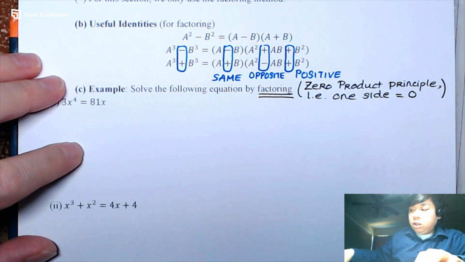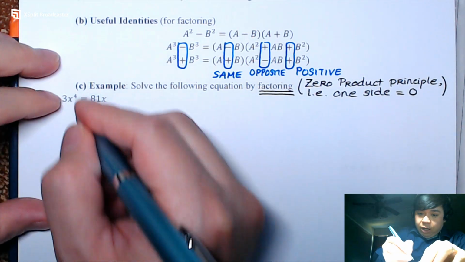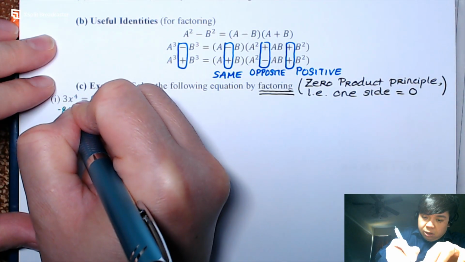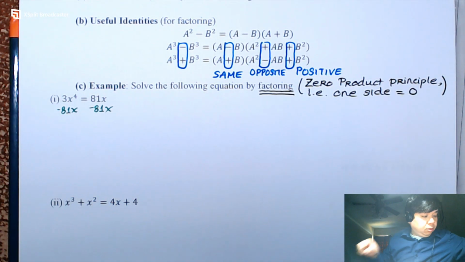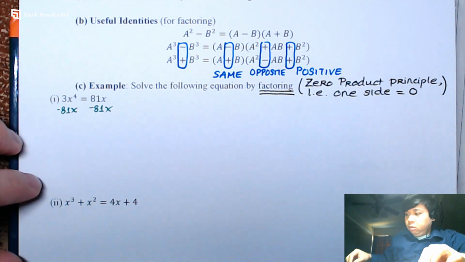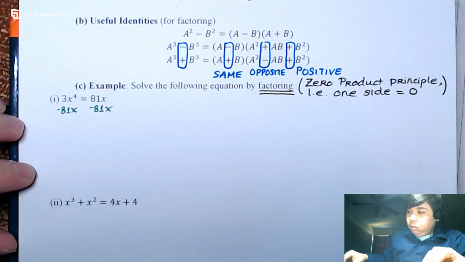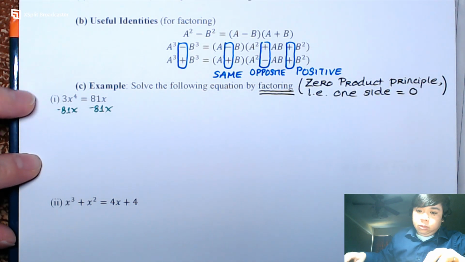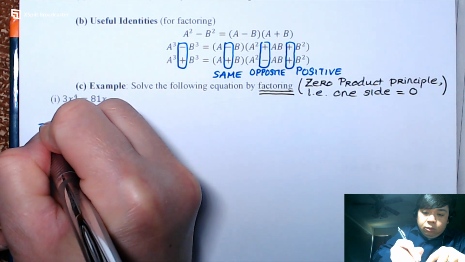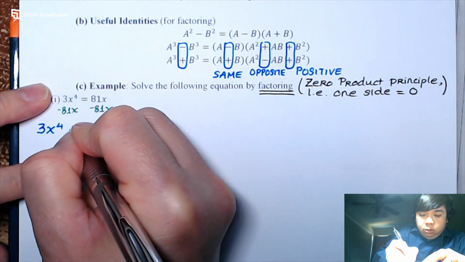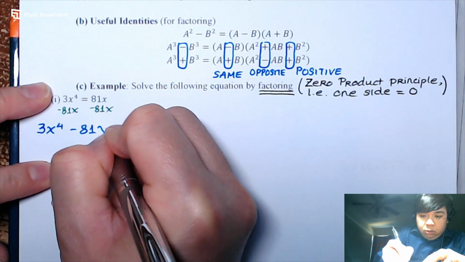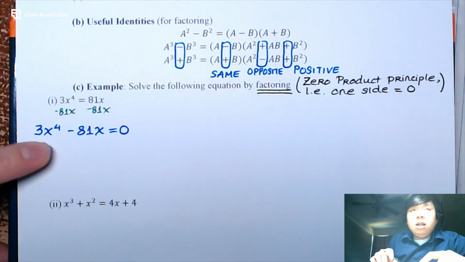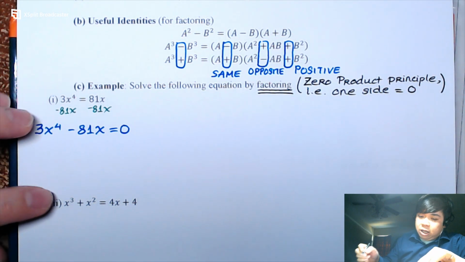So the first step we do is subtract 81x, so the right hand side is equal to 0. And it looks like there's a 3x in common, so we can factor out 3x.